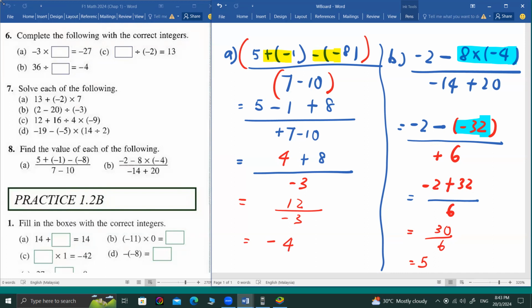I sent the information to your WhatsApp. And now we can go to 1.2b.